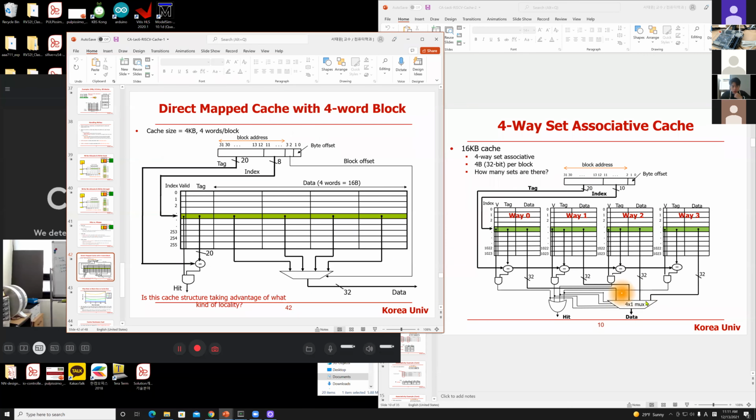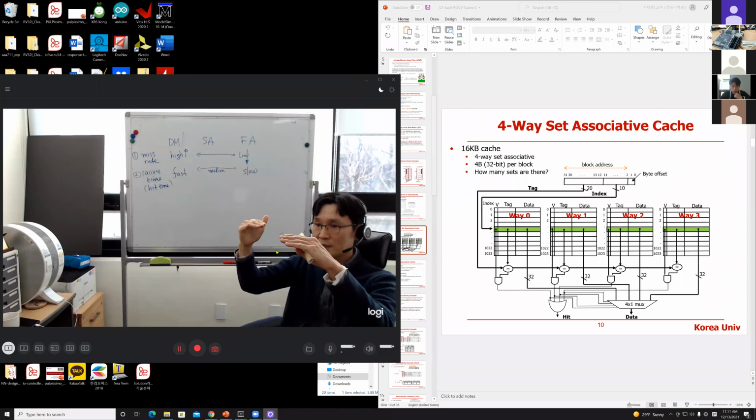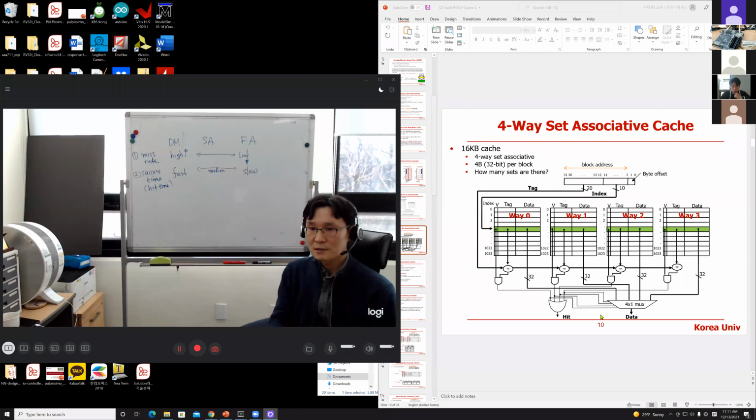A pretty big multiplexer. That is why it is slow, right? You select a particular set, then information comes out, then you have to go through an additional hardware component. So it is going to be slow.